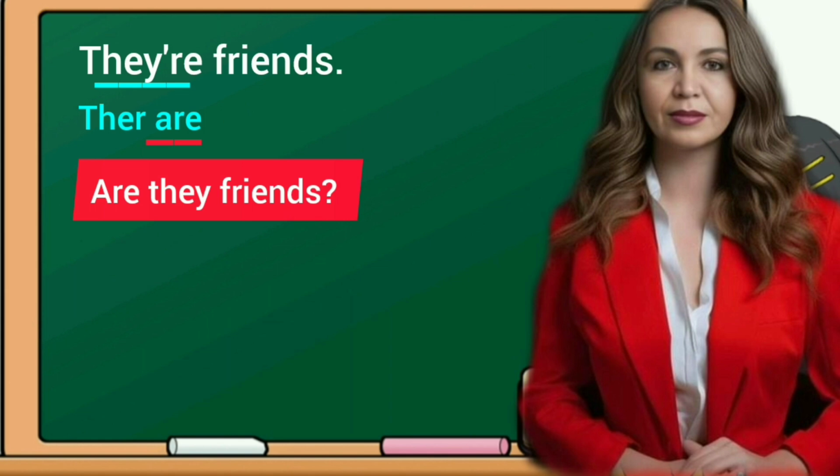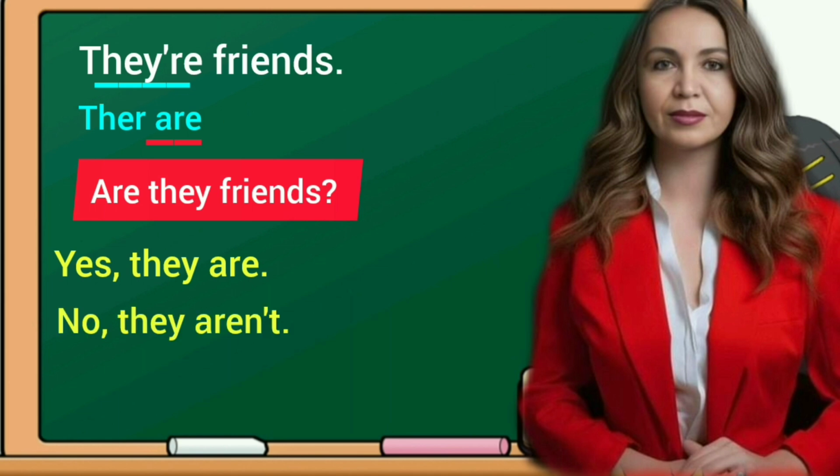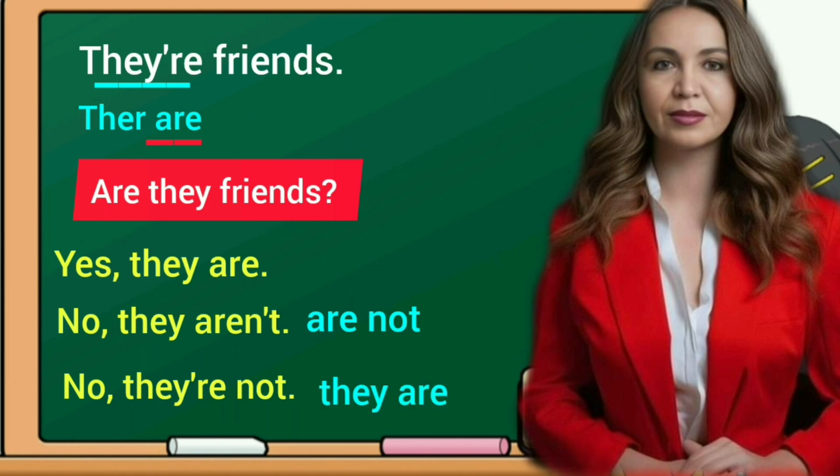The answer could be yes, they are. No, they aren't. And aren't is a contraction of are not. No, they are not. And remember, they aren't is a contraction of they are not.